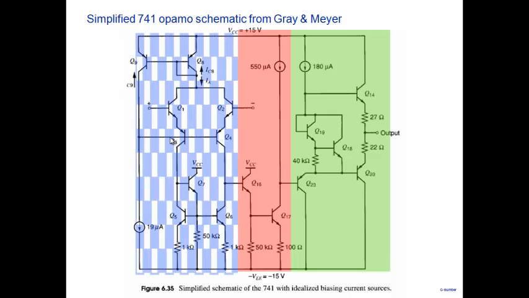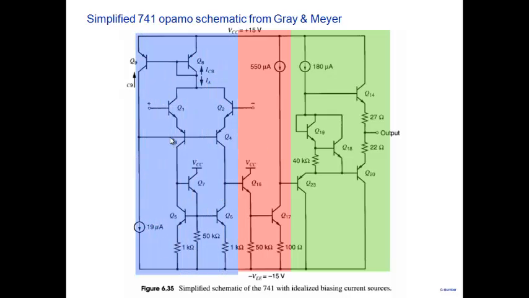The stage that is really left is this one. This is the differential pair stage, the input stage here, where we have a slightly complicated differential amplifier. So this is the topic of the next set of discussion on differential pairs.